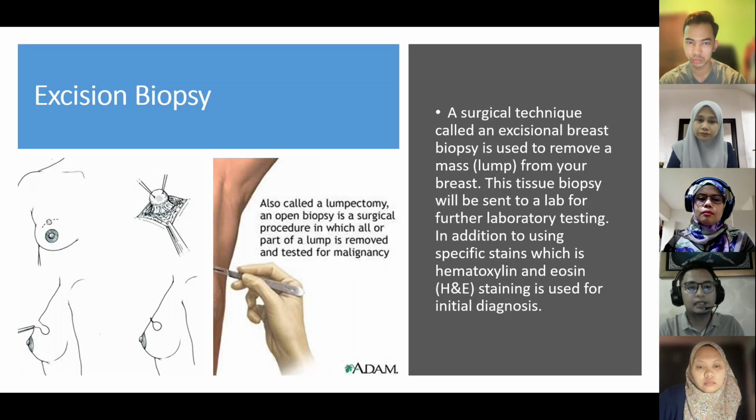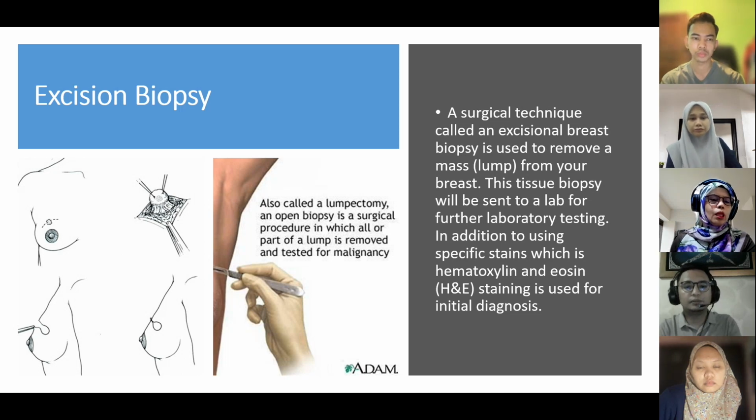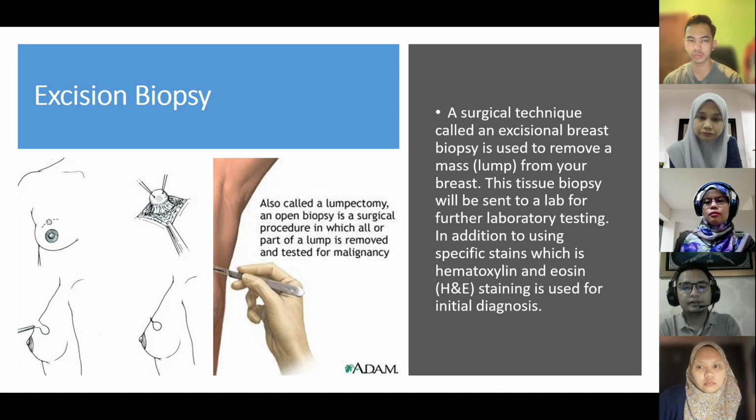Next one is excision biopsy. So what is excision biopsy? It is a surgical technique that removes a lump from your breast. This tissue biopsy will be sent to the lab for further testing.